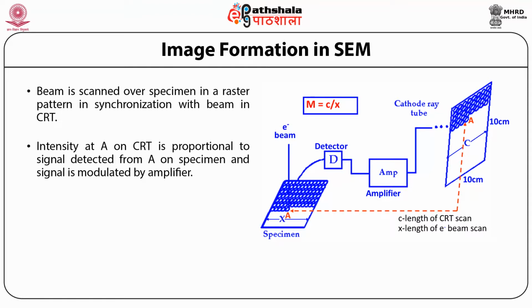So the beam is scanned over the specimen in a raster pattern in synchronization with the beam in the CRT. So the intensity at A on the CRT is proportional to the signal detected from A. This is the A point, which is given in red color, on the specimen, and this signal is modulated by an amplifier.